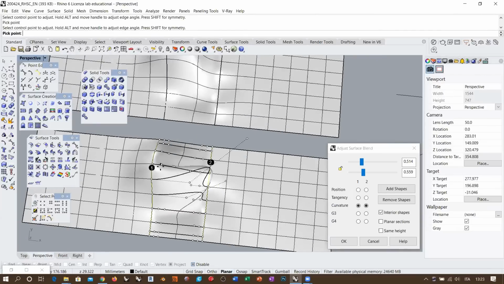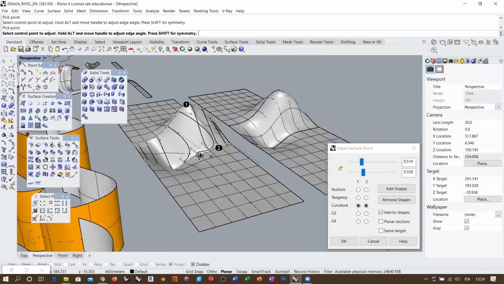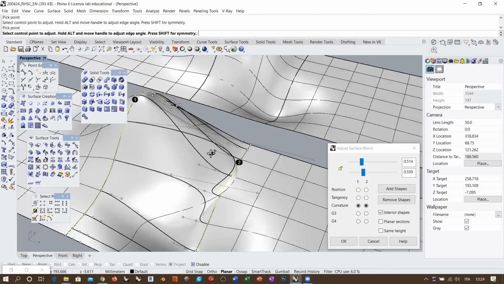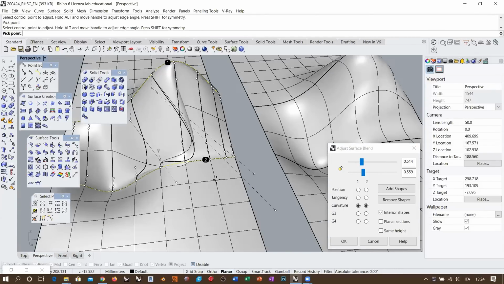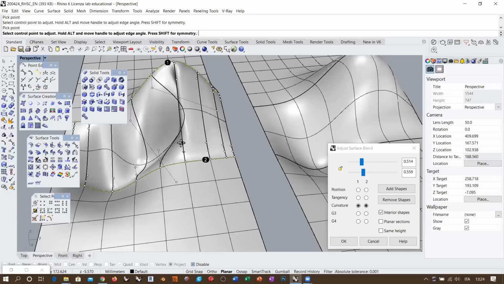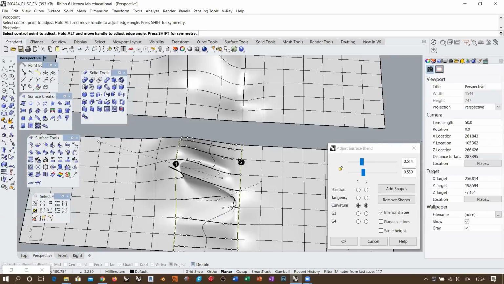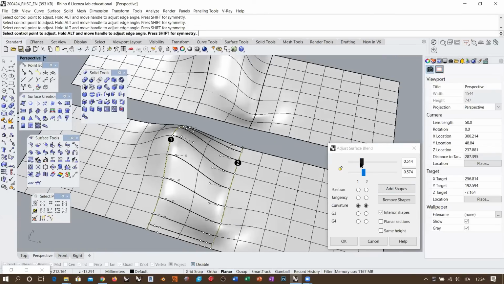Oh, I cannot do this because this will create some self-intersection, but I can take eventually the third control point and move it away from, no, what did I do? Okay, let's reset everything.